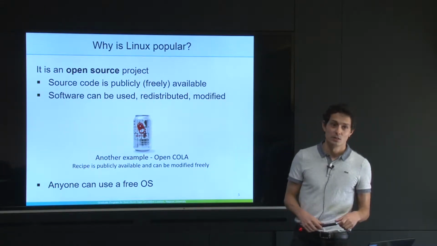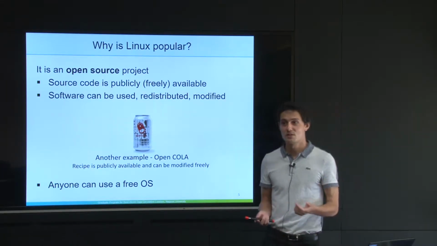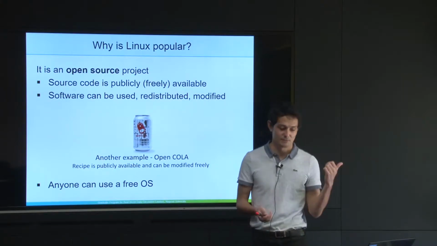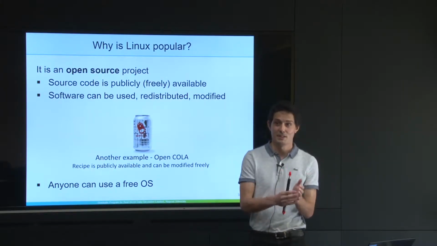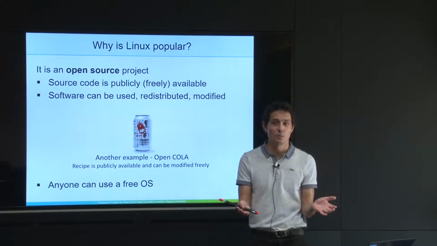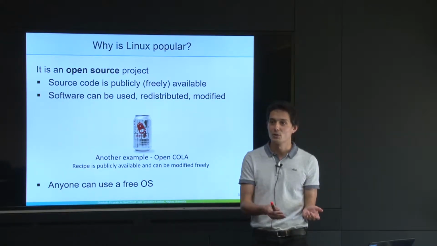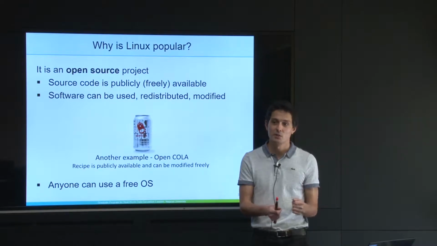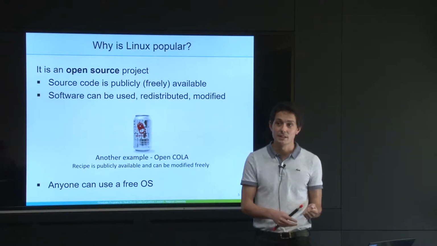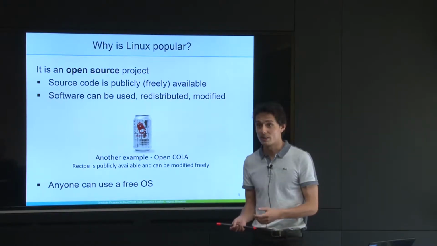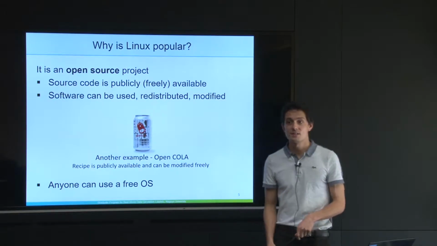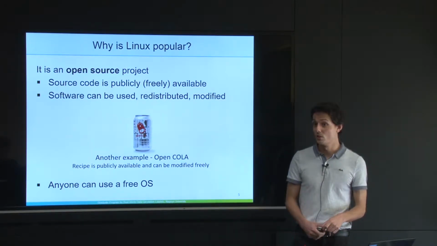And also, open source means that if you're interested, like Linus, who invented it, he made all of the source code that built the operating system also available. So you can go in and have a look at the code if you're so inclined. You can modify it. You can make a custom Linux kernel and build your own operating system using that code. Now, this is something you cannot do with Windows.